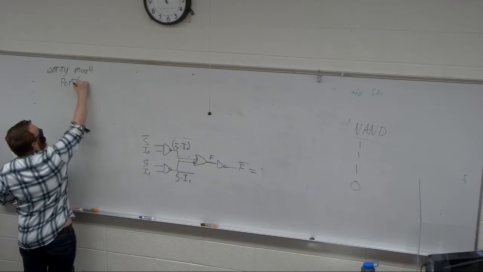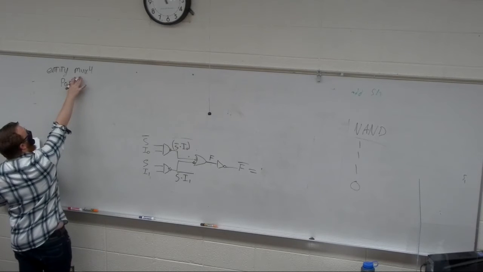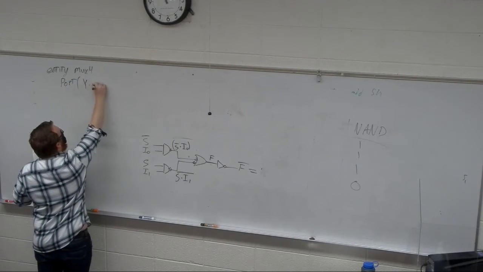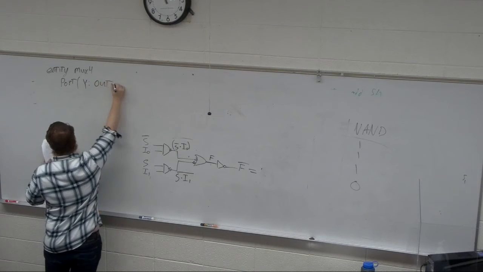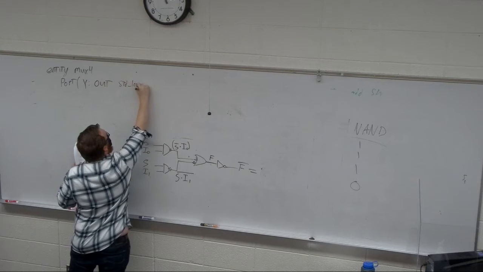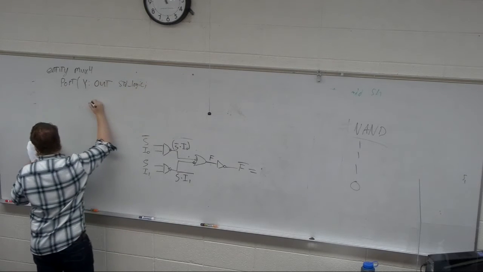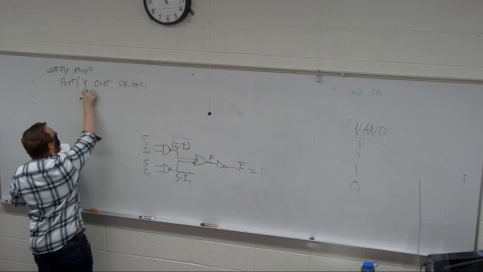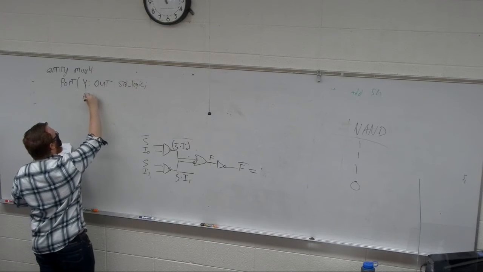So into or out of this entity of the MUX, I'm going to have Y, which is an output of type standard logic. I'm going to have inputs of, you guys care if I just do A, B, C, D?